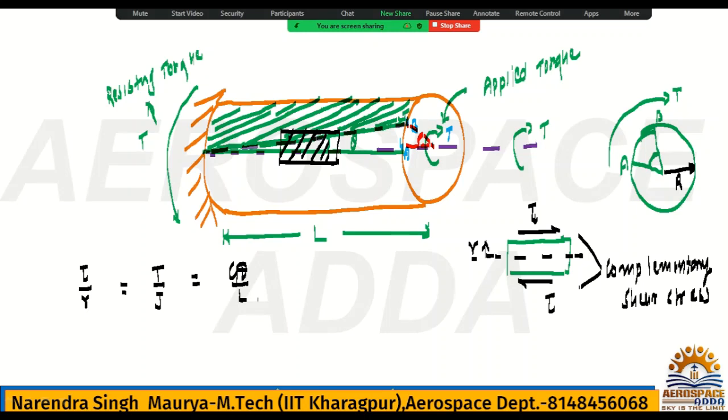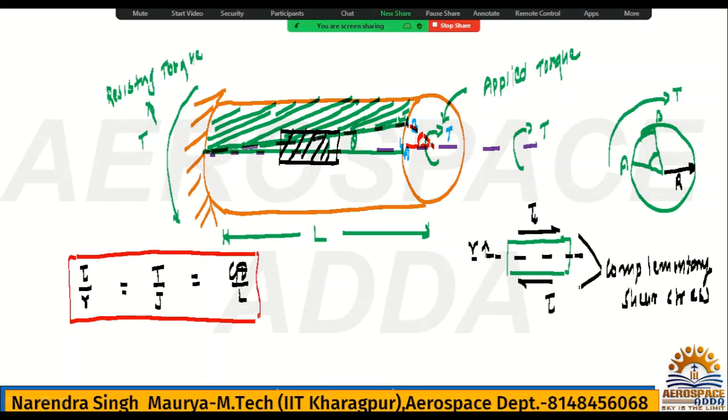This formula comes from the derivation. As I mentioned, derivation is not required at all, so all the things need to be written. Tau is shear stress, similarly T is the twisting moment or torque. Small r is the radial distance.